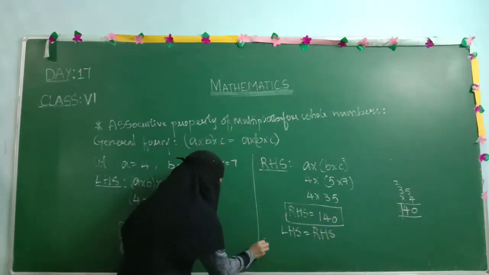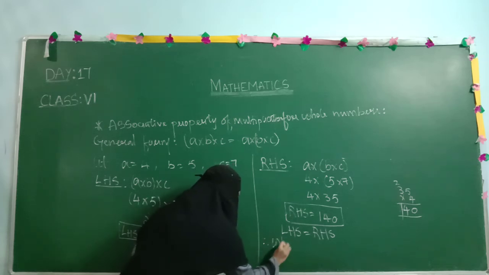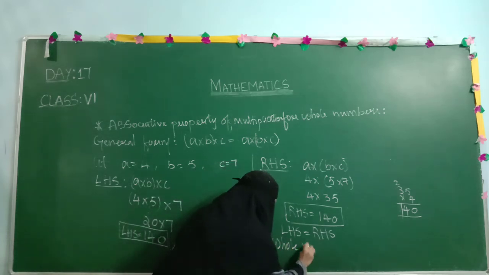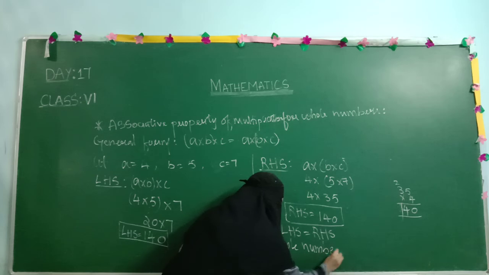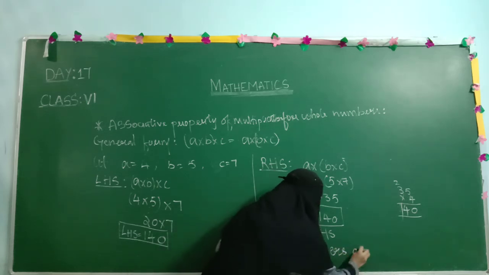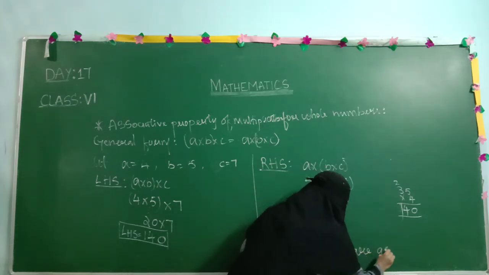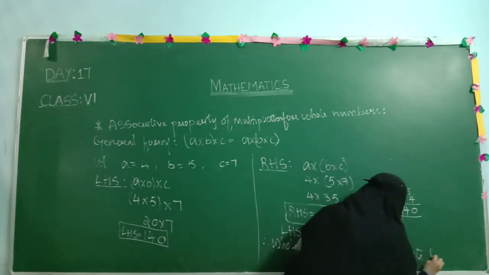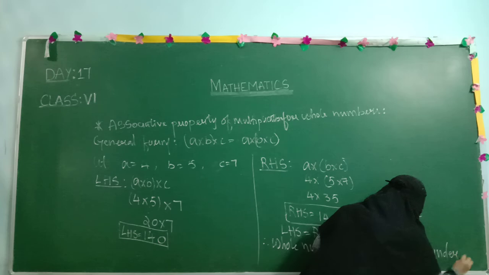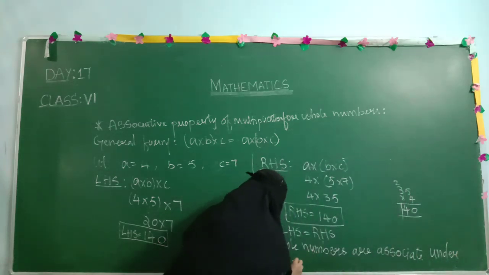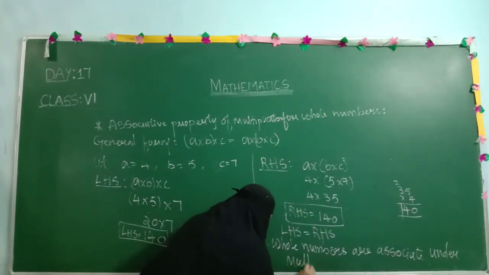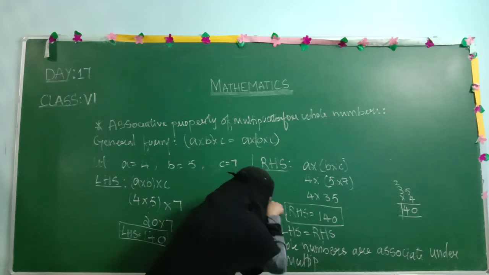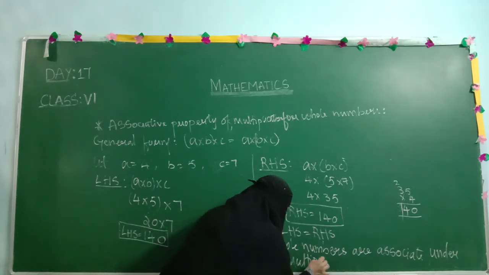Therefore, whole numbers are associative under multiplication. If you are checking addition, you need to write they are associative under addition.